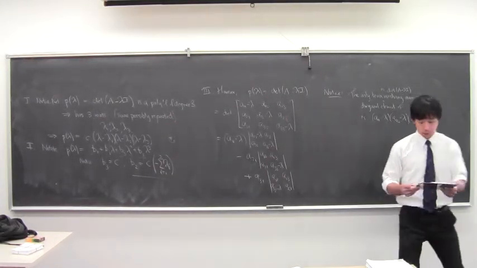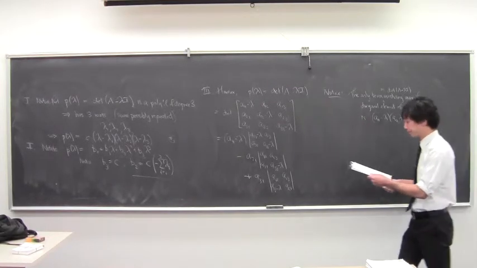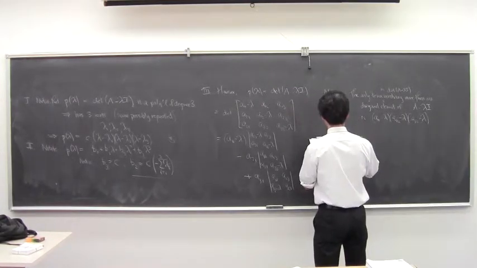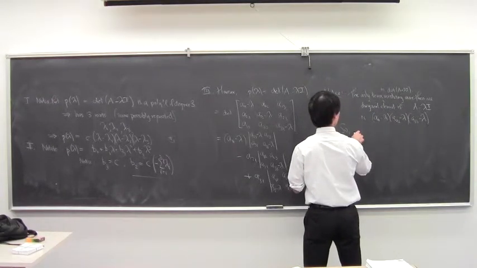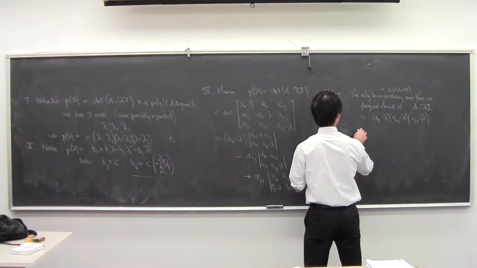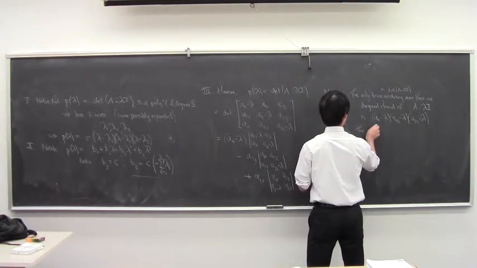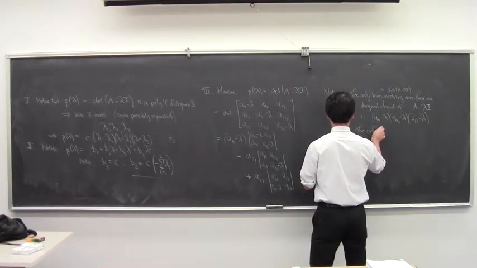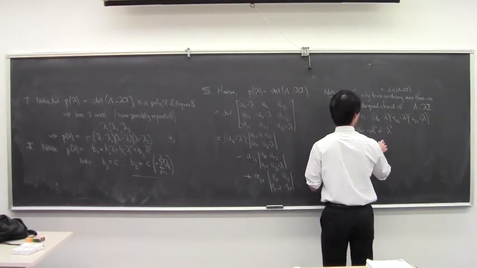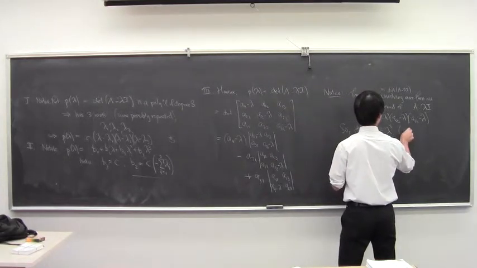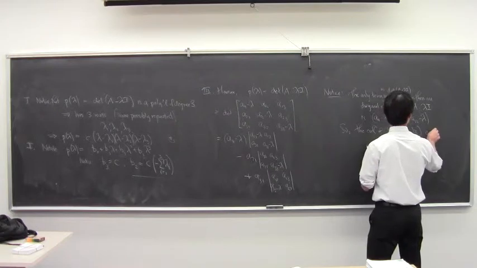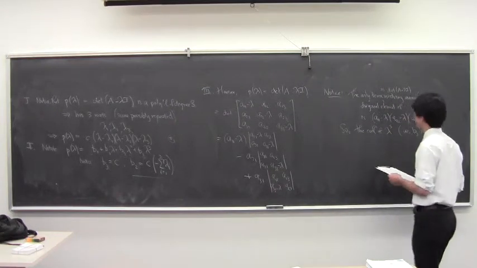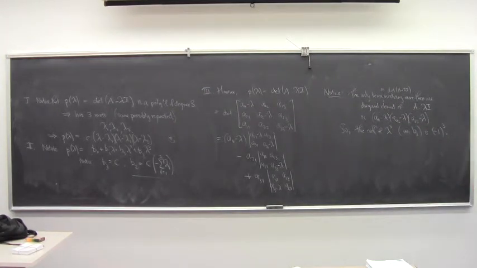So what does that tell you? That tells you that, what's B3? The coefficient of lambda cubed, namely B3, is negative 1 cubed.